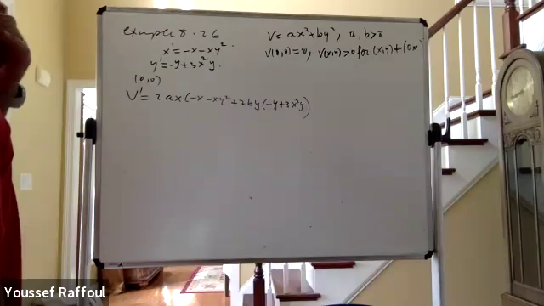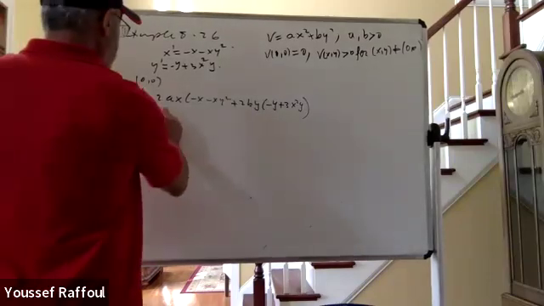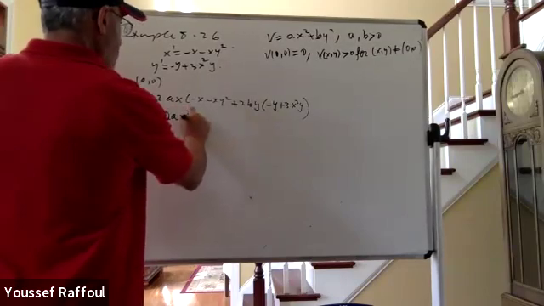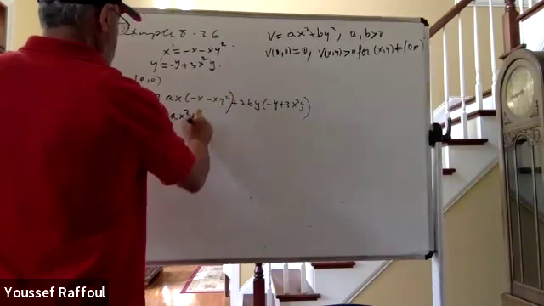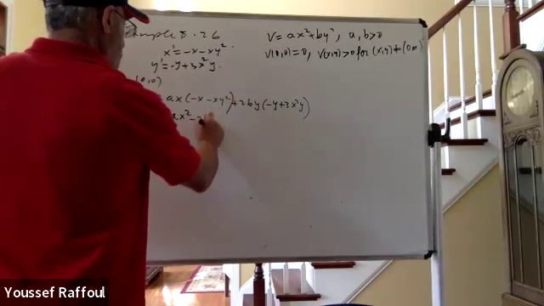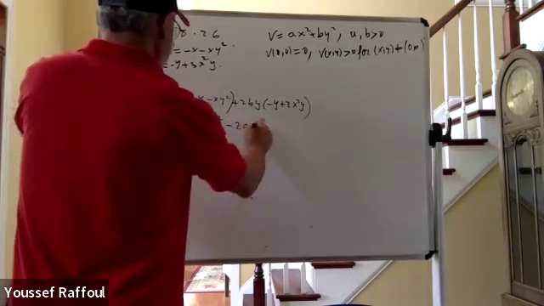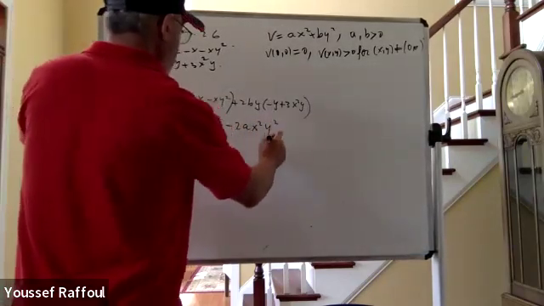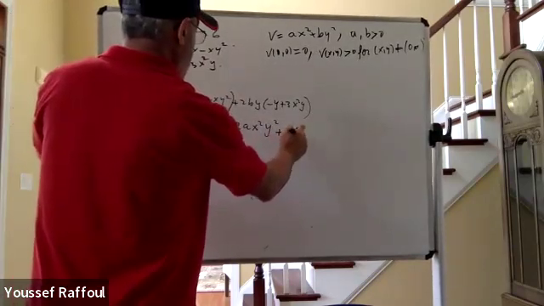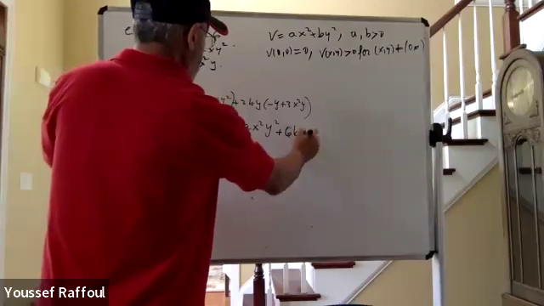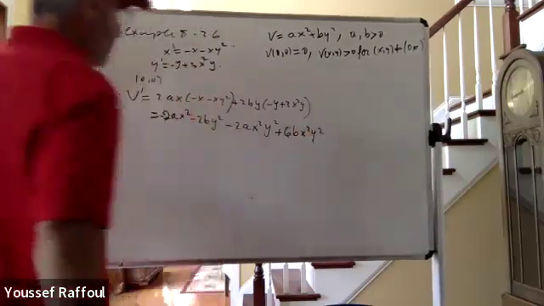So if you look at it, this is minus 2a x squared y squared minus 2b y squared plus 6b x squared y squared.